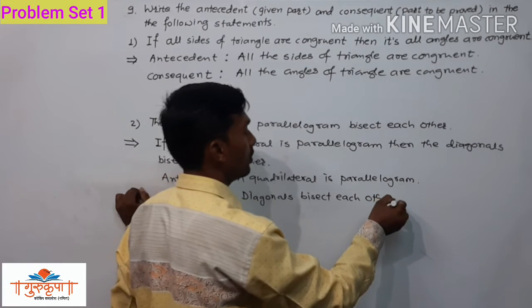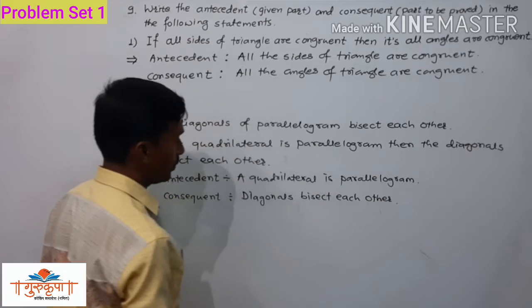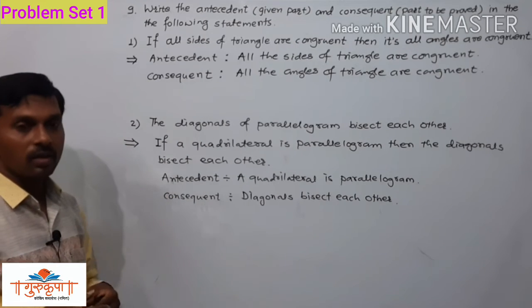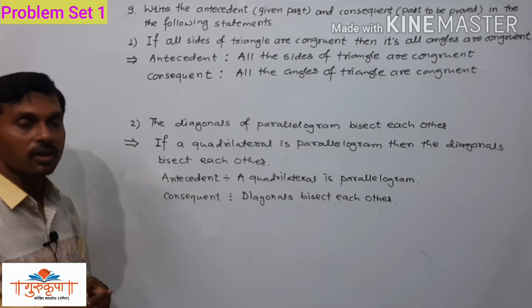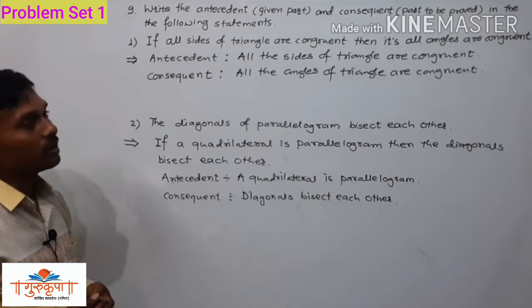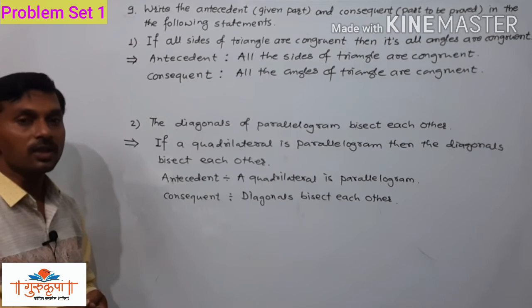That is the part which we have to prove. So this is all about question number 9. Now we will take the next question, that is question number 10, which is the last question from this problem set and from this lesson, basic concepts in geometry.